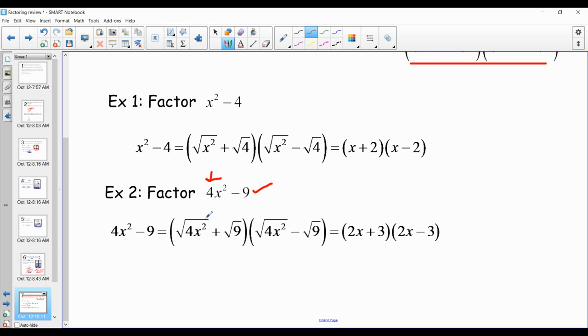So the square root of 4x squared plus the square root of 9 times the square root of 4x squared minus the square root of 9. The square root of 4x squared is the square root of 4 times the square root of x squared, which is 2x. Square root of 9 is 3. We get 2x plus 3, 2x minus 3.